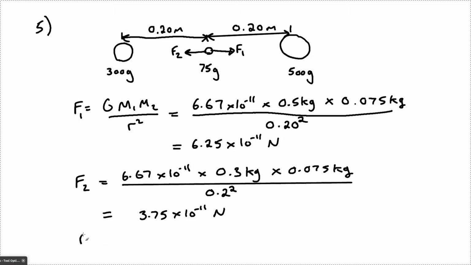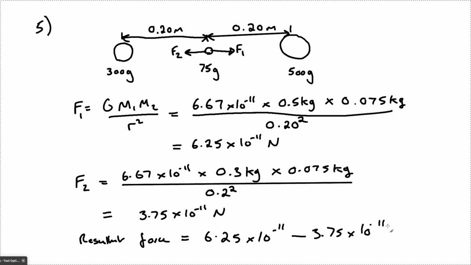So resultant force here will simply be 6.25 times 10 to the minus 11 minus 3.75 times 10 to the minus 11 newtons, which will give us 2.5 times 10 to the minus 11 newtons, and that is the resultant force.